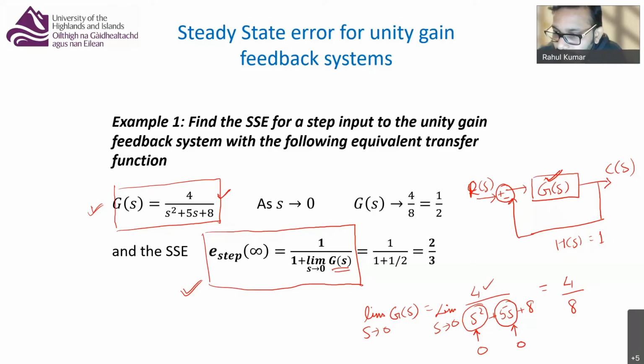I will be left with 4 divided by 8, that is 1 divided by 2. So 1 divided by 1 plus half comes out to be 2 by 3. So what we can see is we have a stable output, or a constant steady state error.